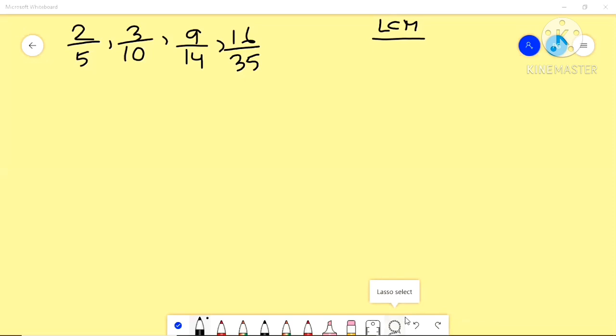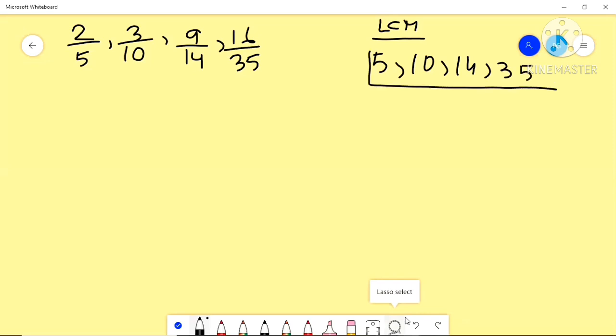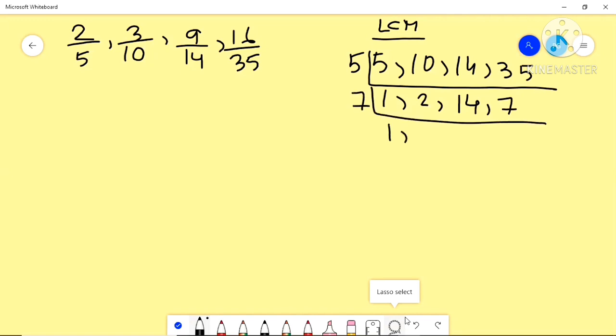Clear? Now what we have to do, we have to find the LCM of the denominator first. And it's very easy to find the LCM. So let us find the LCM. 5, 10, 14, 35. We all know how to find the LCM. So with 5 we will start. 14 we can't. So we will leave it. 7 we can take.